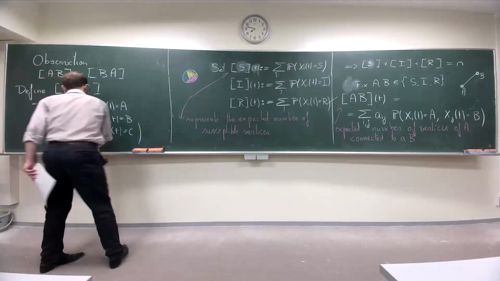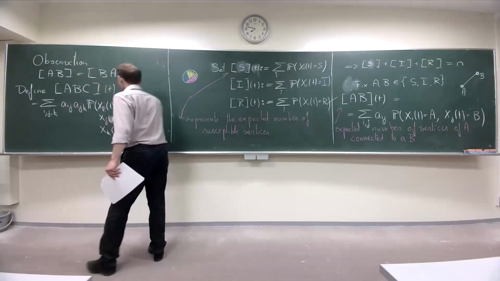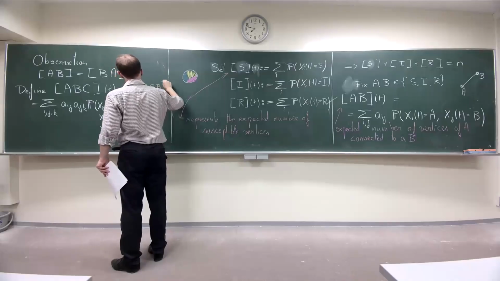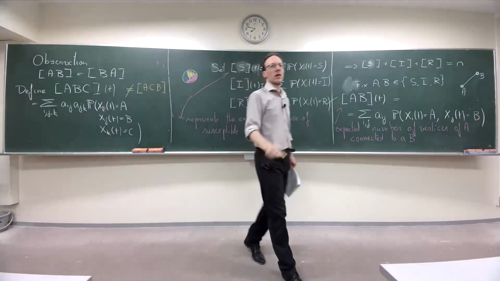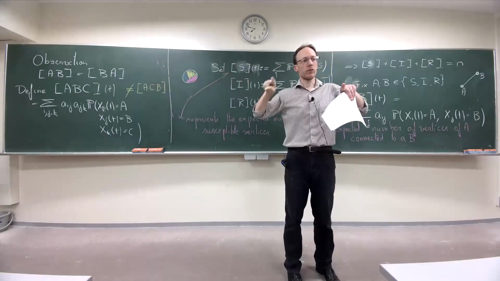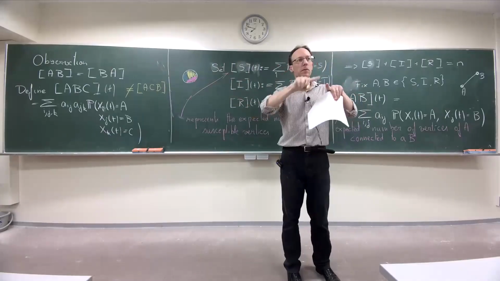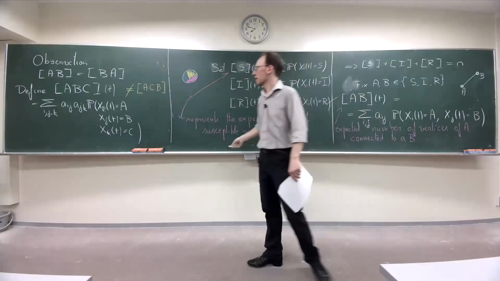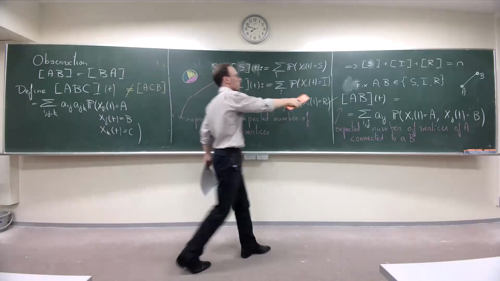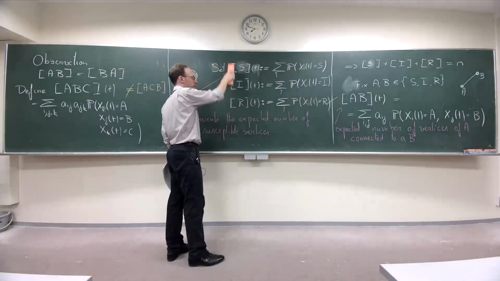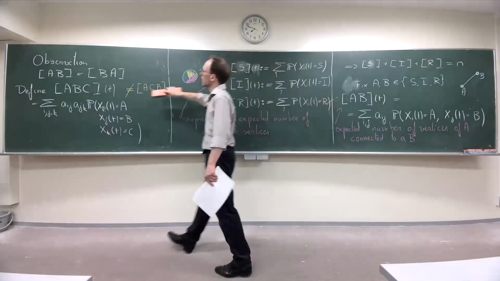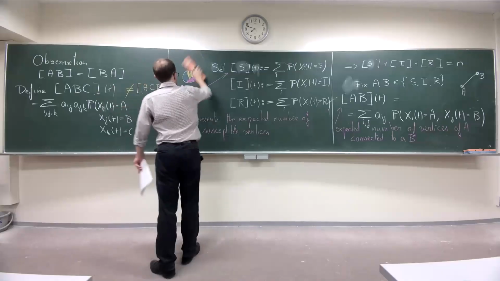In general, this is not equal to ACB, because it's a configuration of 3 vertices, one of type A, one of type B, and one of type C, but it's not the same as ACB. Okay. So I have introduced what is called a function with 1 point, because it depends only on 1 point. This one is called a function with 2 points, and this is called a function with 3 points.